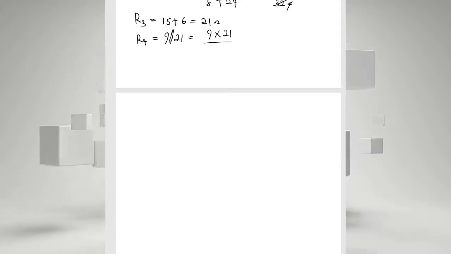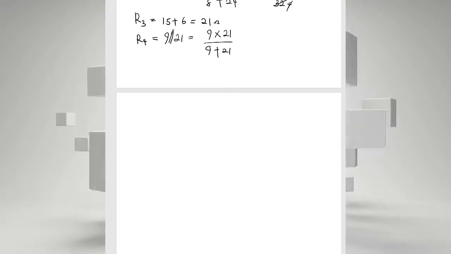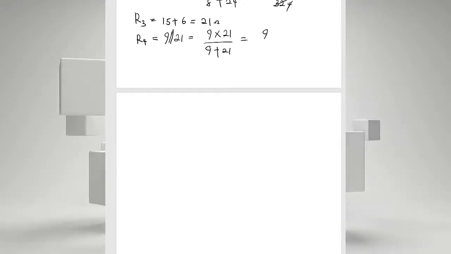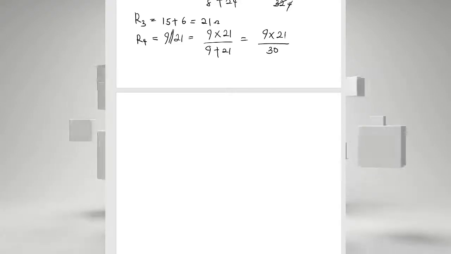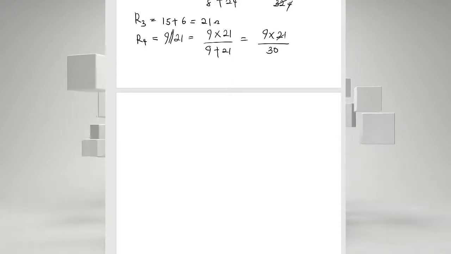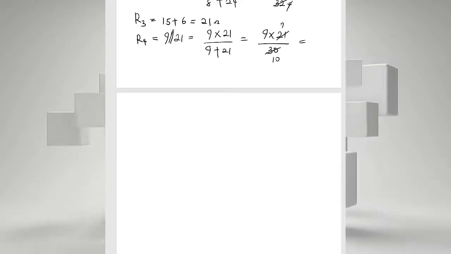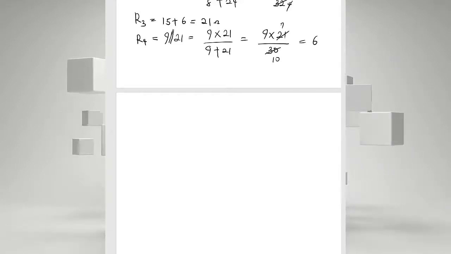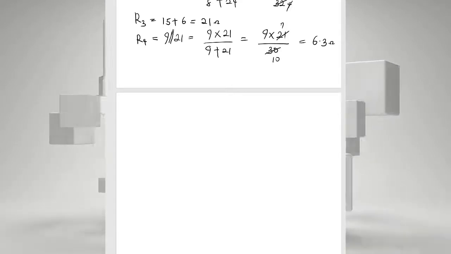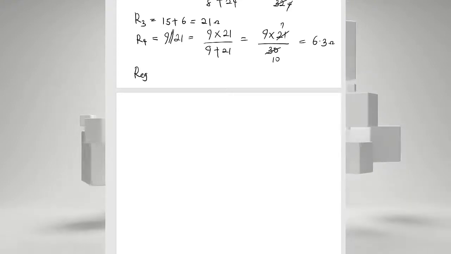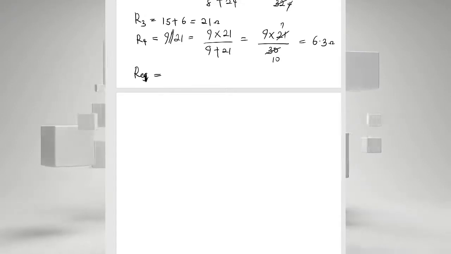That will be 9 times 21 over 9 plus 21, so this will be equal to 9 times 21 over 30. 3 can go into 21 7 times, and 3 can go into 30 10 times. So this will give us 6.3 ohms.